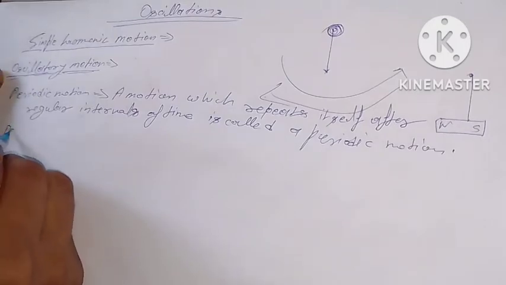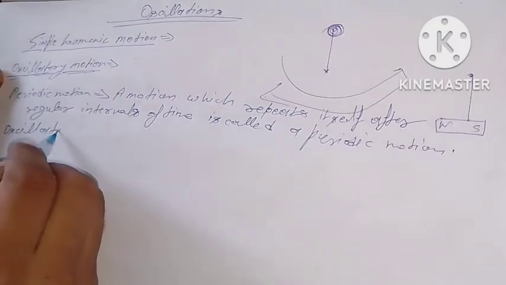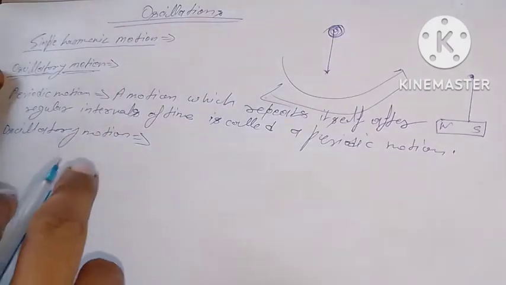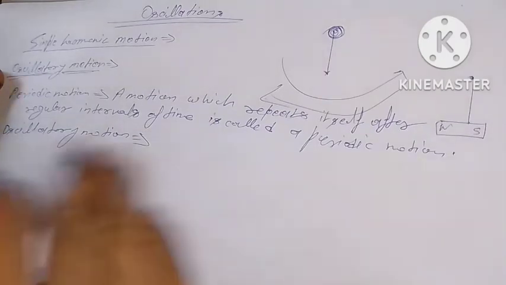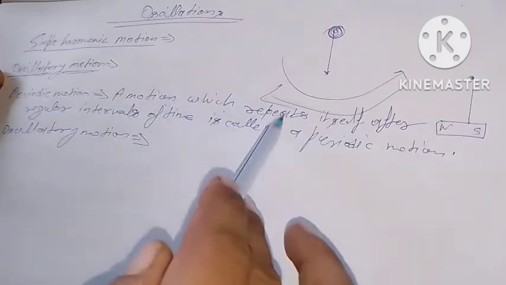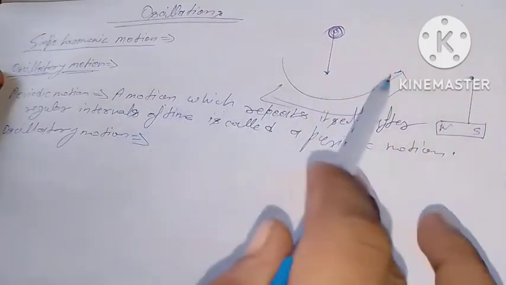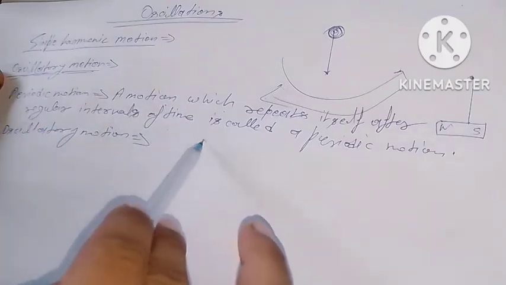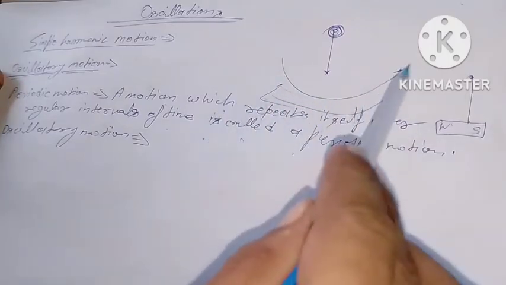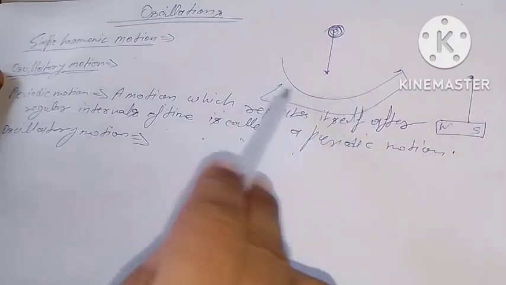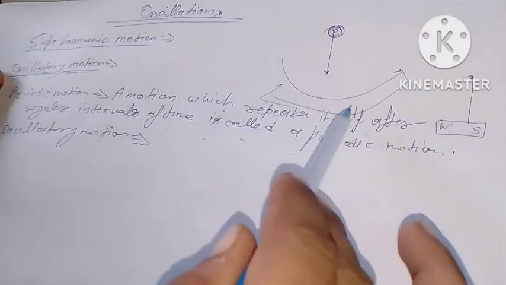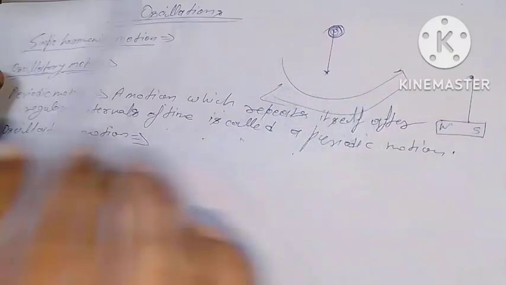And next is oscillatory motion. If a body in periodic motion, what is periodic motion? A motion which repeats itself after regular intervals of time is called periodic motion. For example, the pendulum of a clock, which repeats itself after regular intervals of time. That is a periodic motion example.